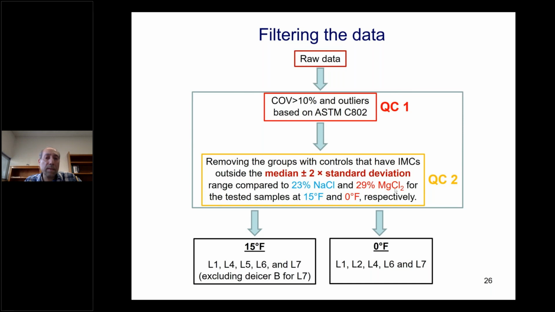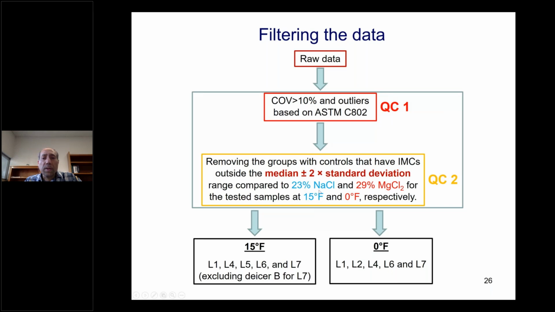Everybody can purchase sodium chloride and make a 23% sodium chloride solution. So as a result, we used 2 deicers, sodium chloride solution and magnesium chloride, to filter the data.